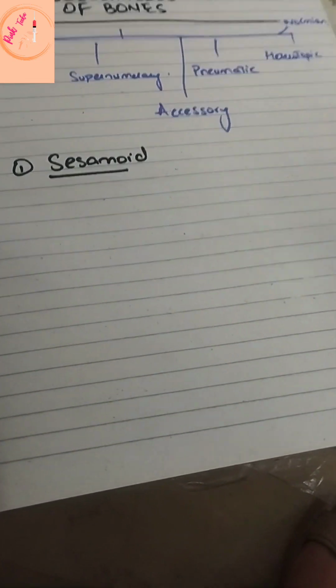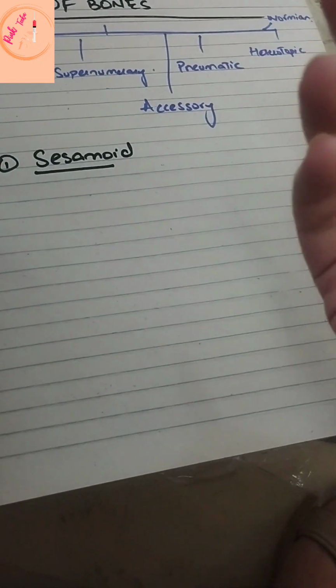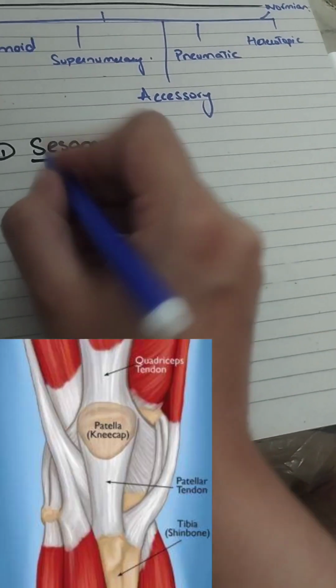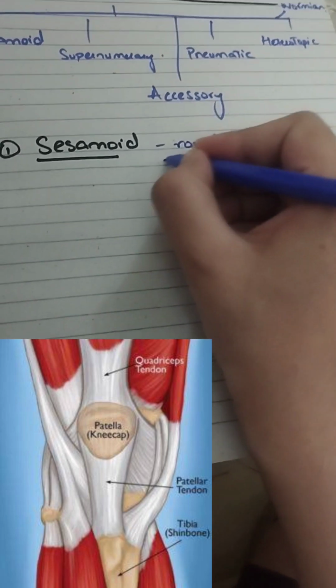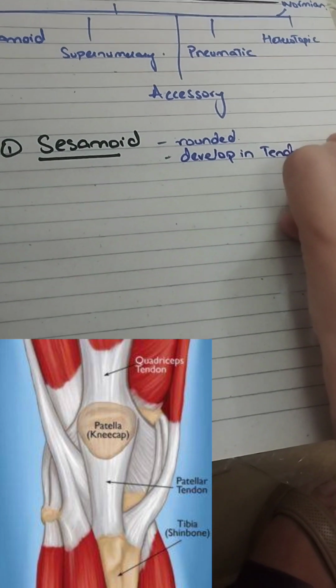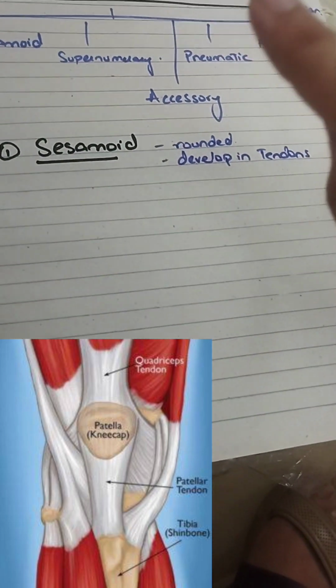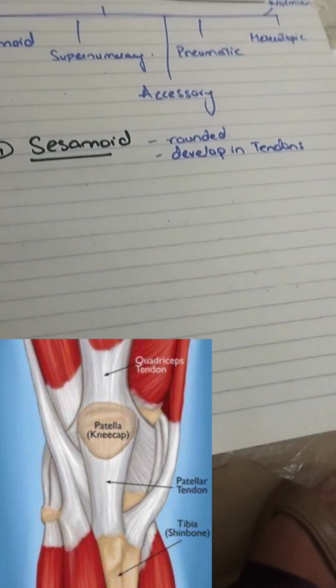It is from the Arabic word for sesame seed. These are small rounded bones that mostly develop in tendons. So what do you need to remember about them? They're mostly rounded and they develop in tendons, especially where tendons are arching over a long bone at an articular site.